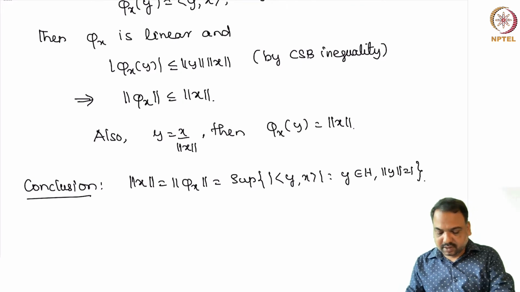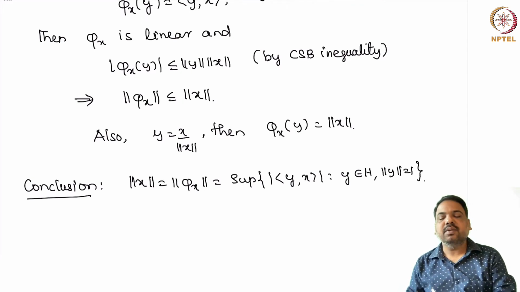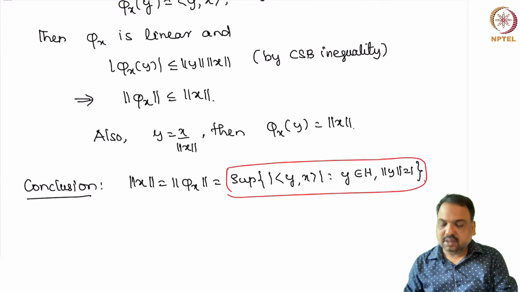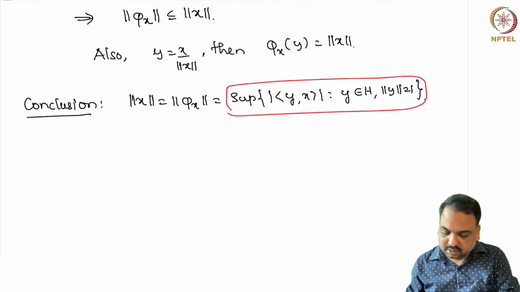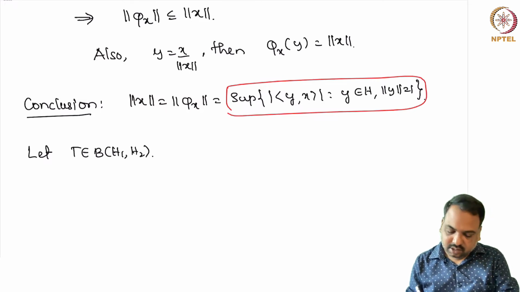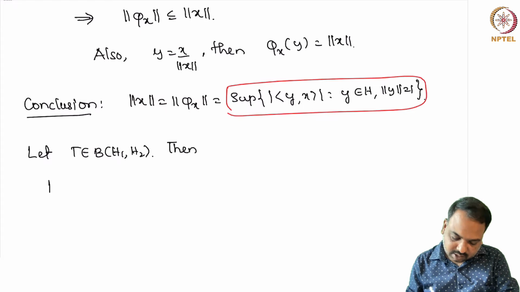So in other words, we can write the norm of an element in Hilbert space as the supremum of this quantity in terms of the inner product. Now the same thing: if T is a bounded operator from H1 into H2, then the norm of T can be expressed in terms of the norm of Tx.